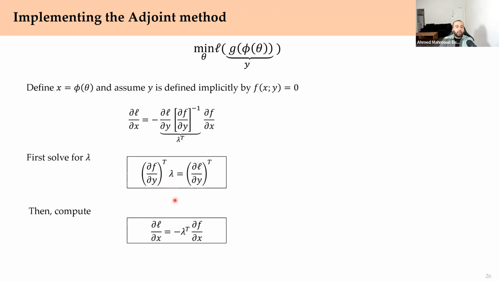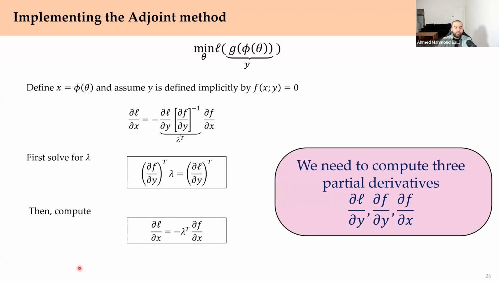Then you take this lambda and multiply it by the Jacobian of f with respect to x. So in order to apply this adjoint method, there are only three partial derivatives that we are looking for: dL by dy, df by dy, and df by dx. If we have these three partial derivatives, then we can implement this backward pass in order to compute the derivative of L with respect to theta.